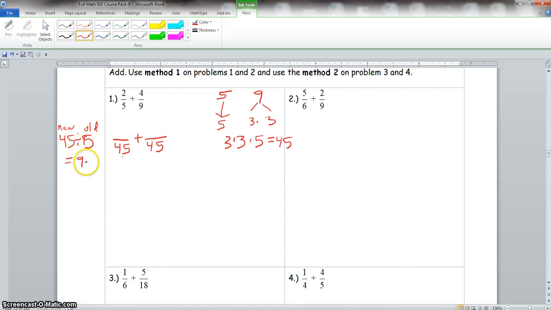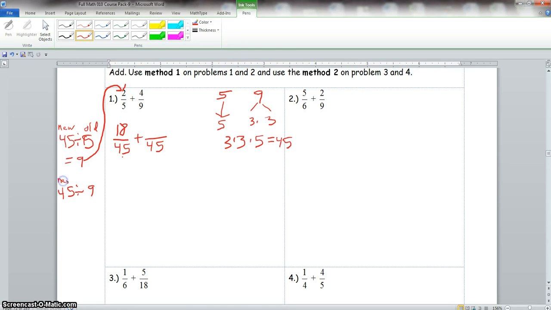Now, what happens with this 9 is this here. We would take this 9 and we will multiply it by this old numerator. So 9 times 2 is 18. That took care of your first fraction. Now we go to the second fraction. We have the new denominator divided by the old denominator.